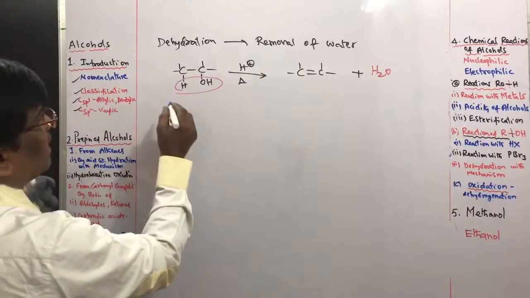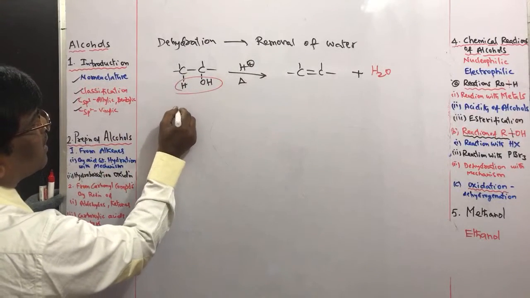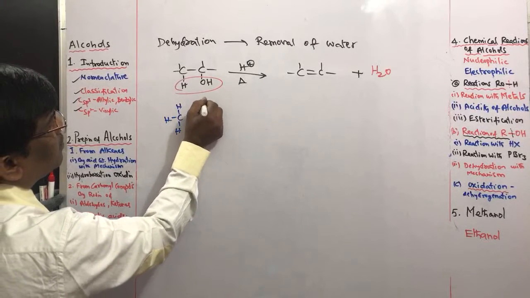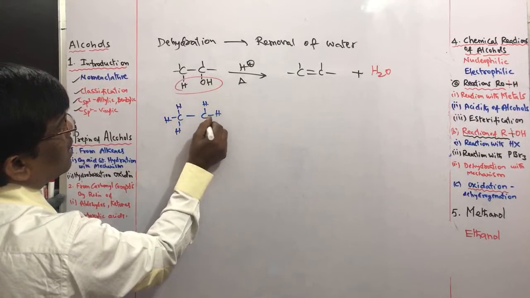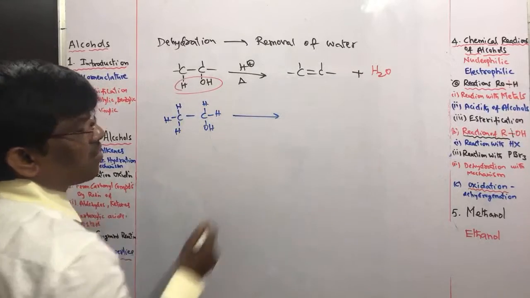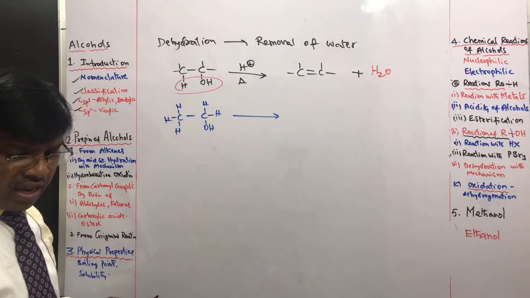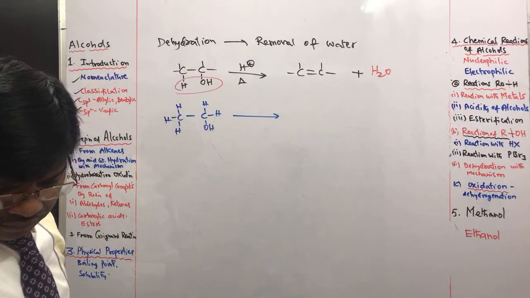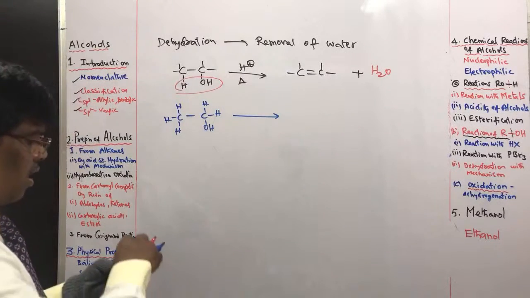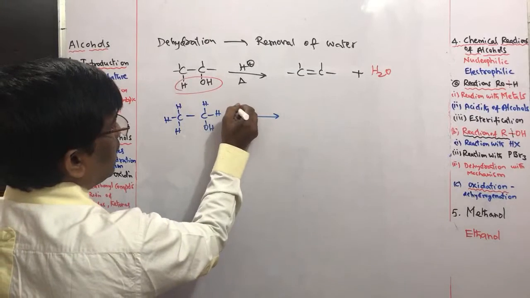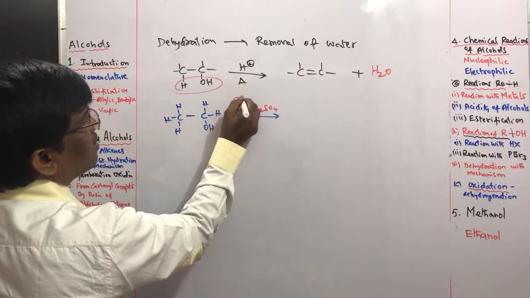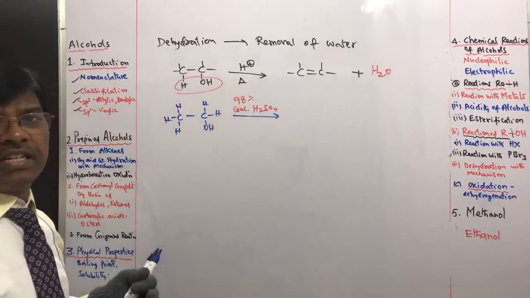Let us take ethanol, for example. Let us write ethanol here. This is ethanol. It requires concentrated sulfuric acid. What is the percentage concentration? It is about 98% pure.